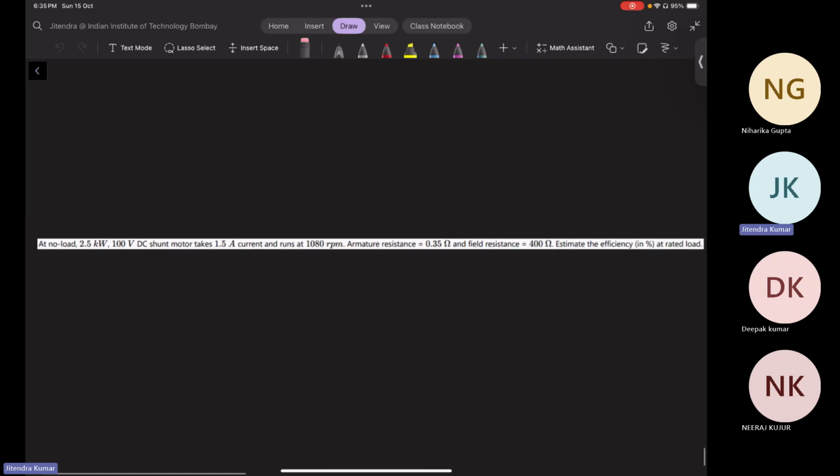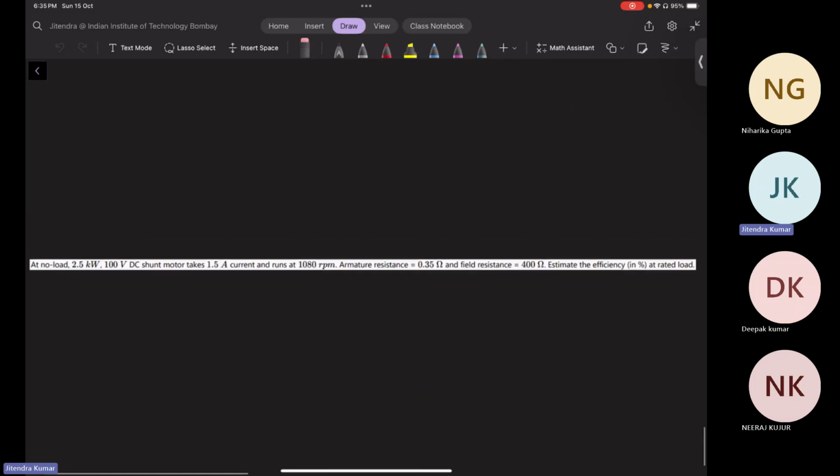Okay, so I hope you are able to read the problem. I will read it for you as well. At no load, a 2.5 kilowatt 100-volt DC shunt motor takes 1.5 ampere current and runs at 1080 RPM. Armature resistance is 0.35 ohm. Field resistance is 400 ohm. Estimate the efficiency at rated load.